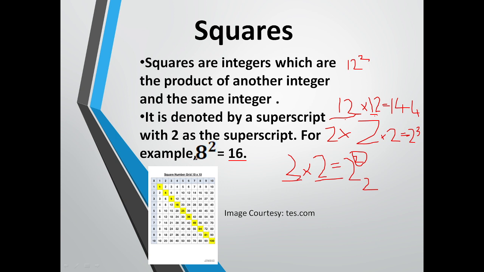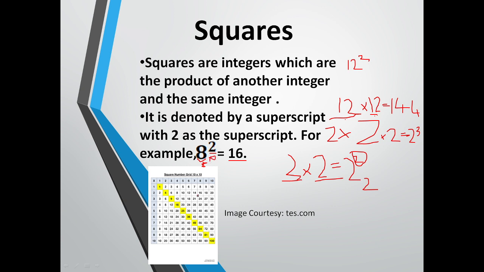If the number is above the base, then it is a power, and if we are using the multiplication operation, then it is multiplication. The bigger number is the base, and the small number is the power.